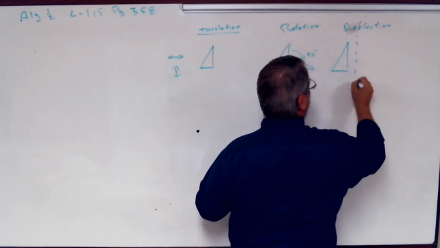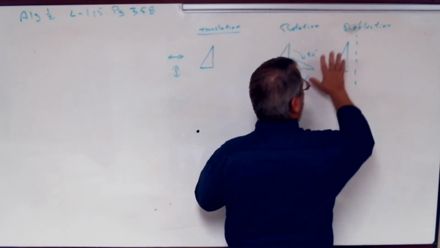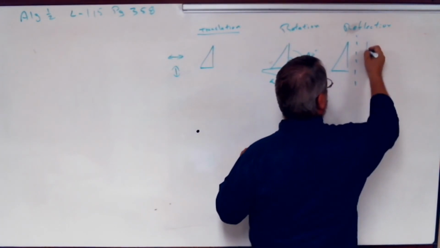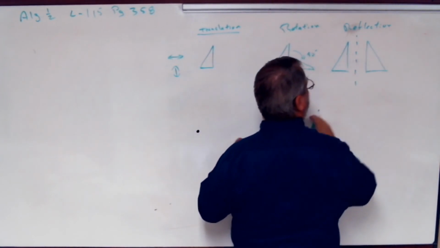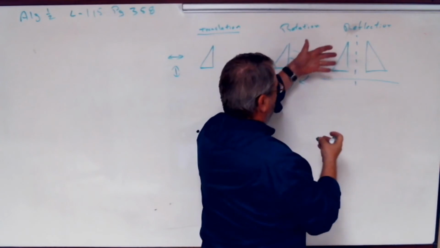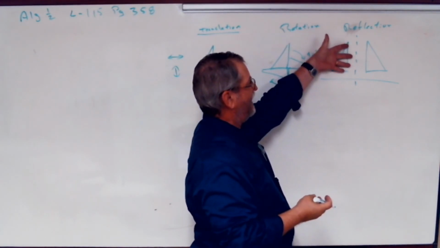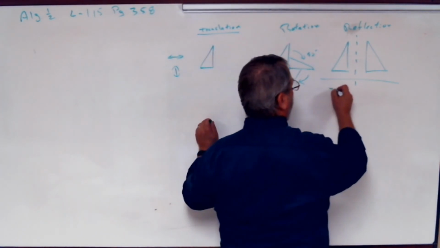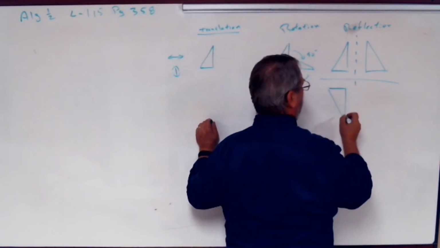Okay, if we're going to reflect it over this line, it's going to come over here like this. That is a reflection. If I reflected it over this line, think like this. You take it and you're going to reflect it over. So it's going to come down here like this. Does that make sense?